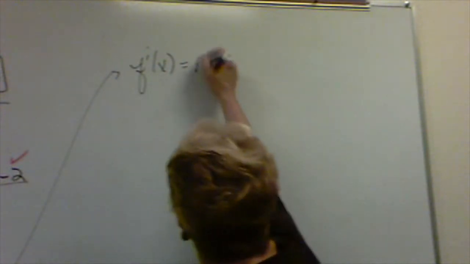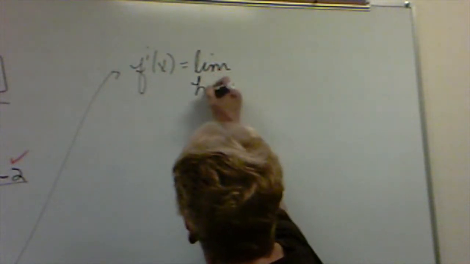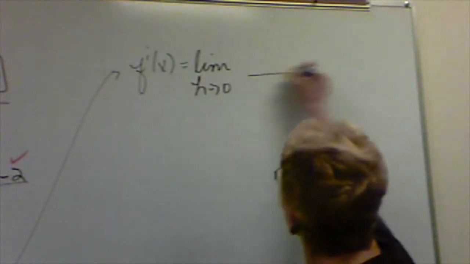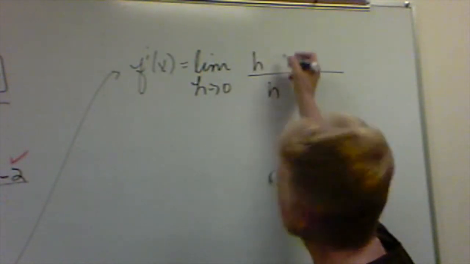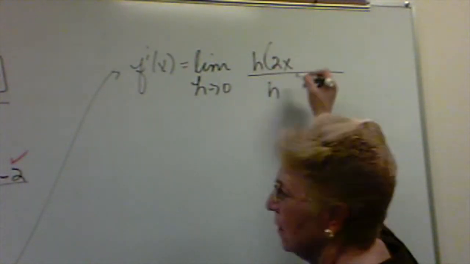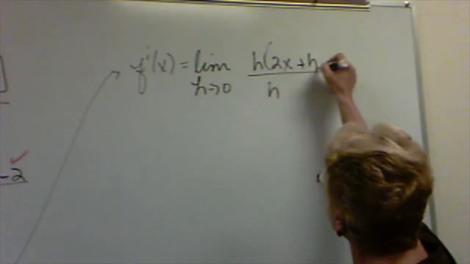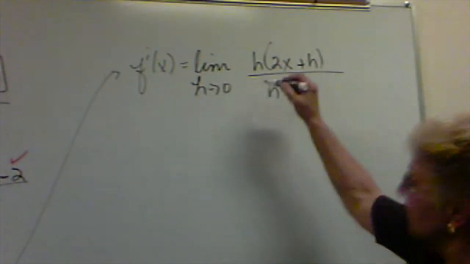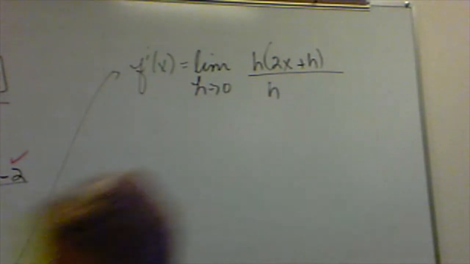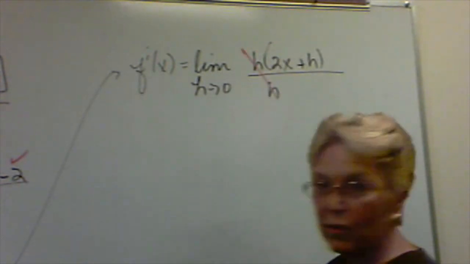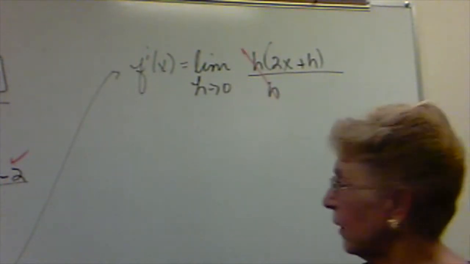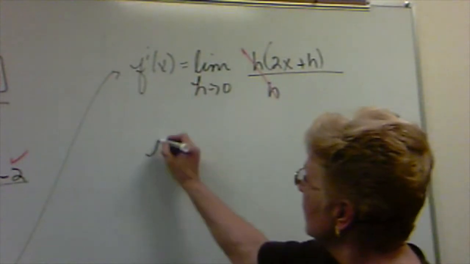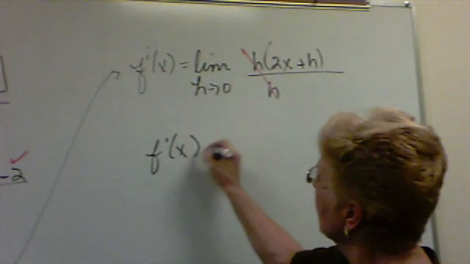Our derivative is equal to the limit as h approaches 0 of, factoring out an h, 2x plus h. We can see that h over h is just 1. Don't need to write that. So, getting closer.